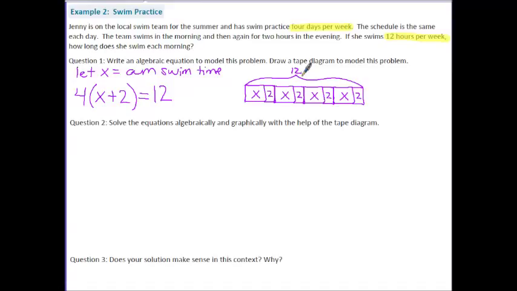Again, we're still learning how to do things algebraically, so why don't we go through and solve this using the tape diagram. Here, I would want to rearrange my tape diagram, putting my like terms together. So I would have 1, 2, 3, 4 x's, and 4 2's.